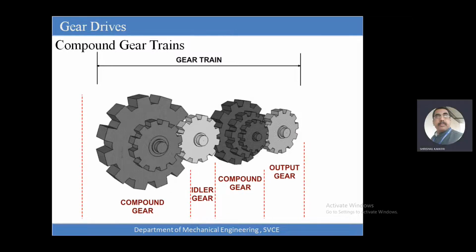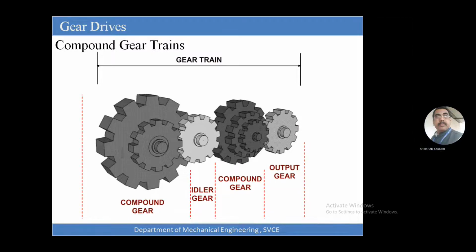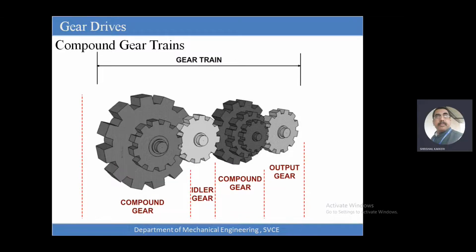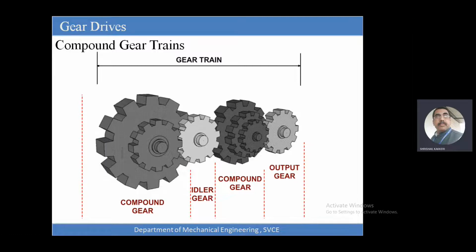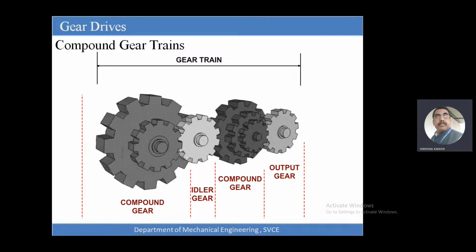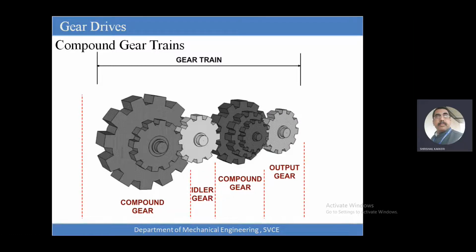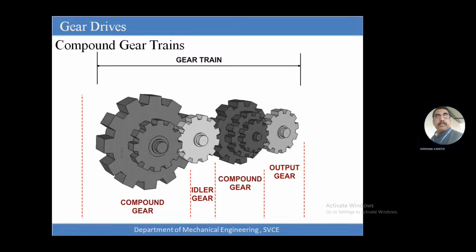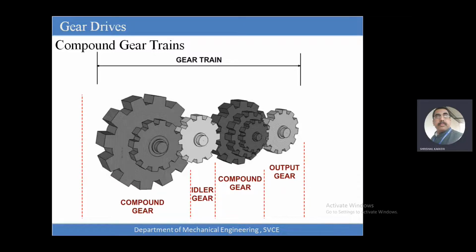And D1, D2, D3 are the diameters of gears 1, 2 and 3 respectively. And T1, T2, T3 are the number of teeth on gears 1, 2 and 3 respectively. Okay. By looking into the figure, I have written this.